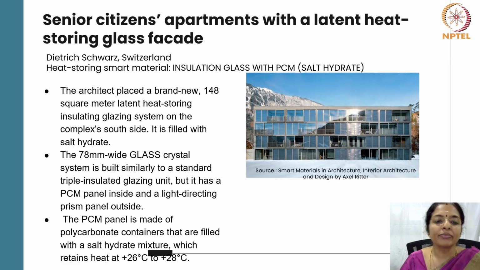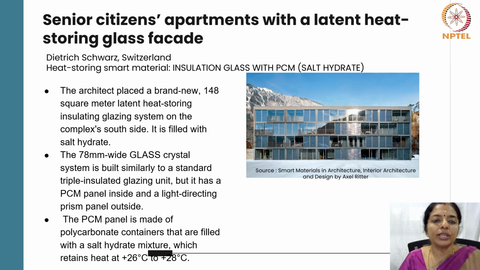So, in another project, the same architect had used paraffin, and that was a zero energy house at Ebnat Kapelle. Again, that was also in Switzerland. But to reduce the risk of fire in this building, he has used salt hydrates.